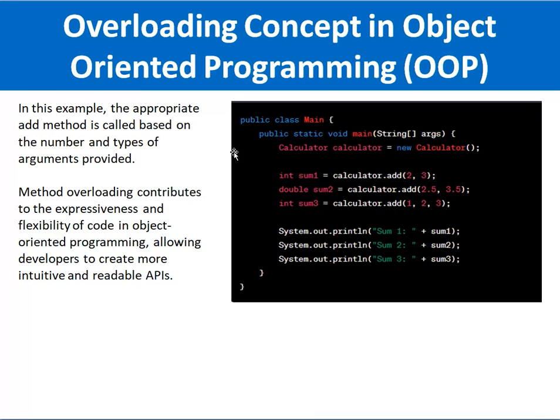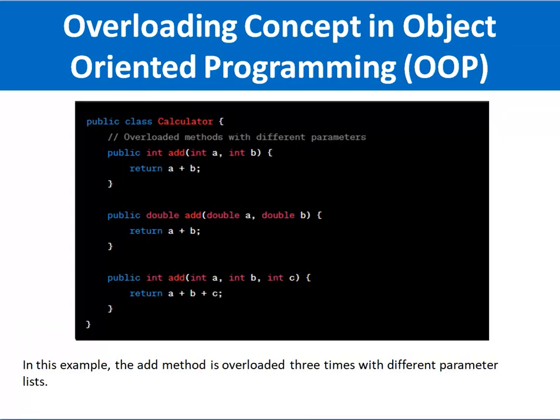Now take another example. The appropriate add method is called based on the number and types of the arguments provided. Here, see, this is the public class main, public static void main. We have created an object of the calculator class. This calculator class we are referring to here.